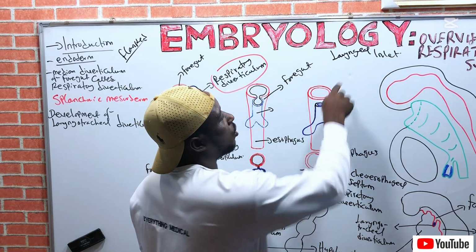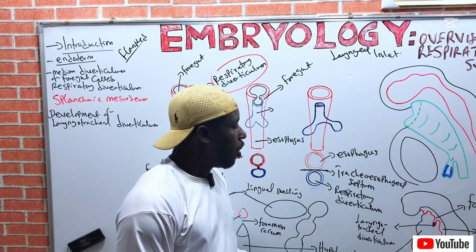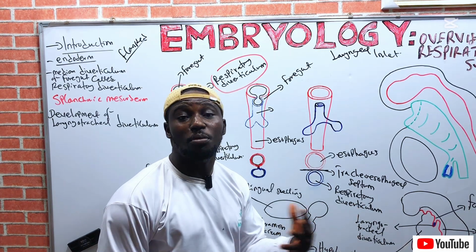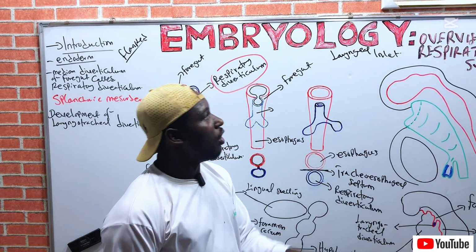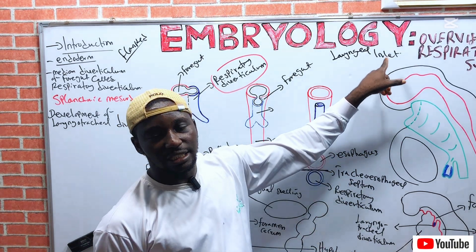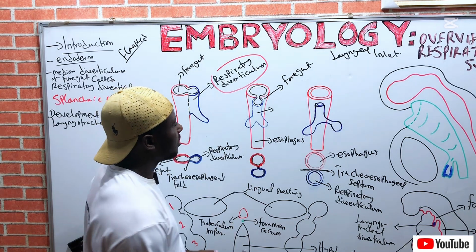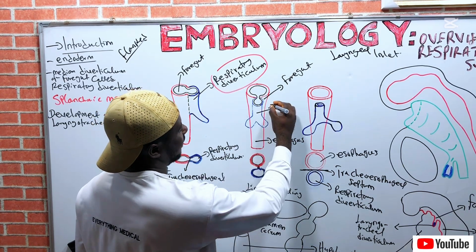This inlet was created by the cranial aspect of the respiratory diverticulum. As it continues to communicate with the pharynx, it creates that inlet called the laryngeal inlet. So that is how it is being formed. This remains our respiratory diverticulum.